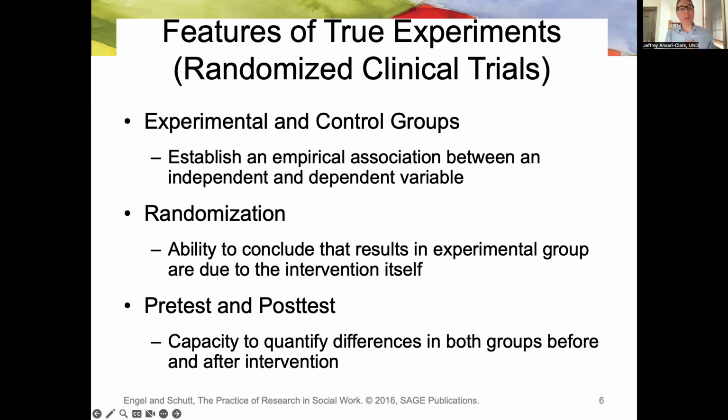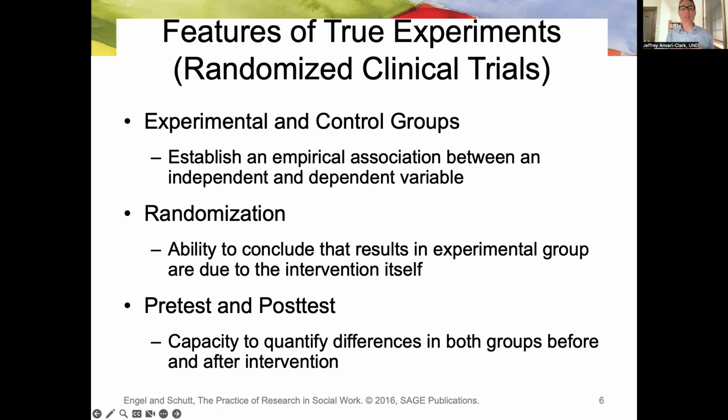So we've got experimental and control groups. So you've got two groups to be able to establish an association empirically between your independent variable of what you're starting out with and your dependent variable of what gets influenced. You've got that element of randomization, so that way you can conclude that the results in the experimental group were actually due to the intervention and not because of some quality that those people had.